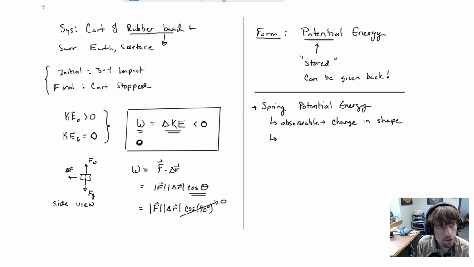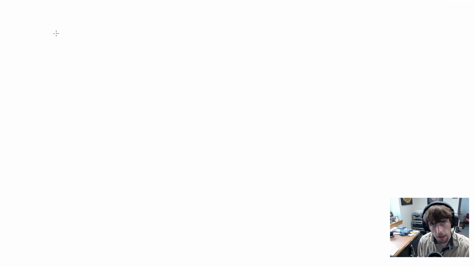So let's go ahead and clear the table, and let's think about that for a second. Going back to the initial case where the rubber band's in the surroundings, I have the system of the cart, and I'll put the band in the surroundings, along with the earth and the surface.